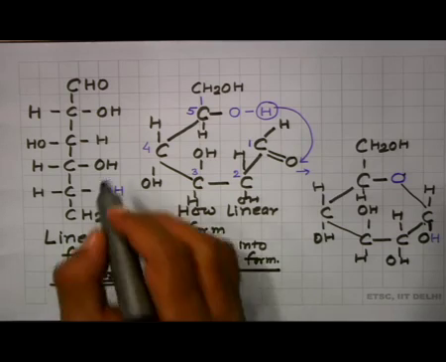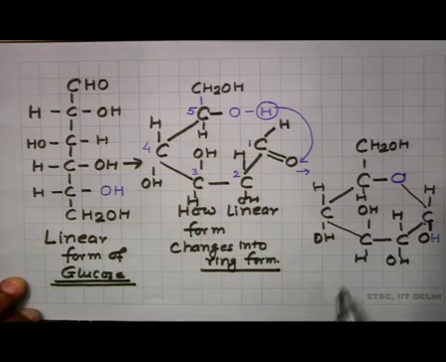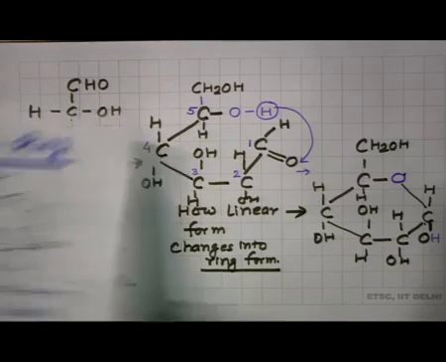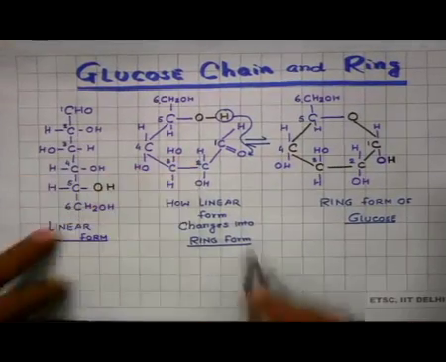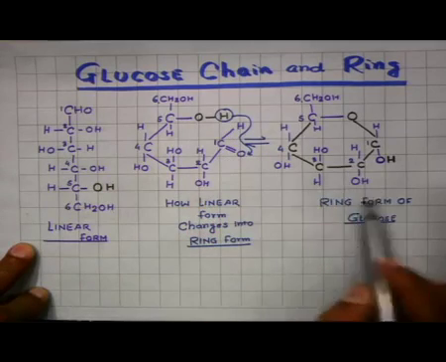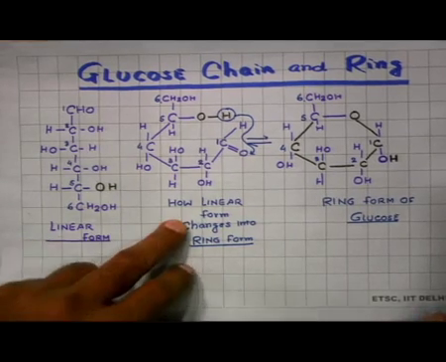Now, we can easily write from the linear form of glucose to the ring form of glucose. So, you can visualize here same thing, here the fifth position been changed and this is the ring form of glucose.